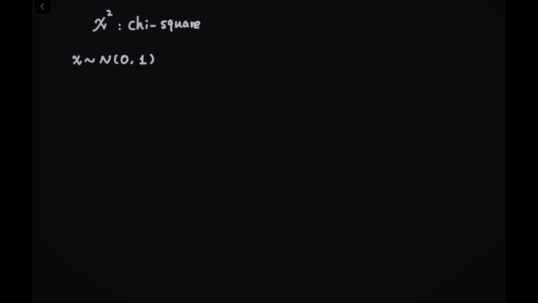So if you randomly select a value of this variable and square it, this variable x squared follows chi-squared distribution with degrees of freedom 1. Here, just a degree of freedom 1. Or we can use z to denote the standard normal distribution.